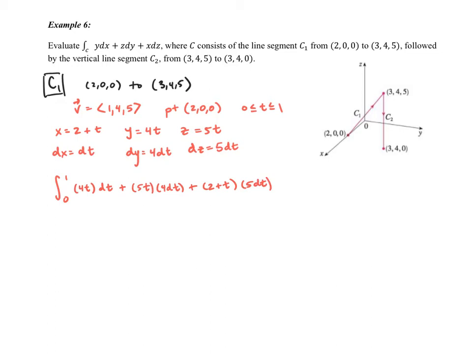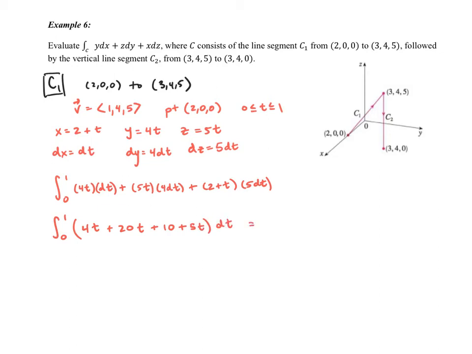Again, we're just taking every single element and plugging it in based on our parametric form for the line segment. Now what we're going to do is simplify this. So 0 to 1, and we have a 4t, and that's going to give us 20t, and 10, and 5t, and then we have a dt.